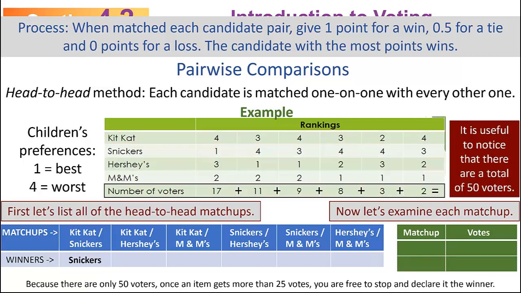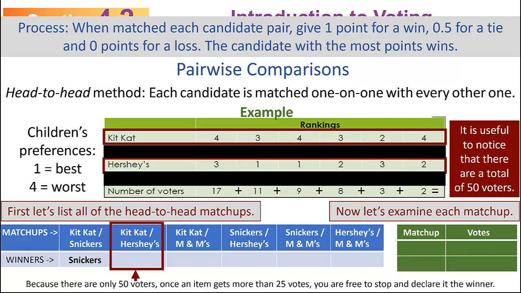And then you do this for the others. So now I go to the Kit Kat versus Hershey's matchup. And again, I'm just going to cover up the other two chocolates because I'm only concerned with Kit Kat and Hershey's. So I start over again and look at those two. In the first column, 3 beats 4, so Hershey's wins those 17 votes. So I give those 17 votes to Hershey's.